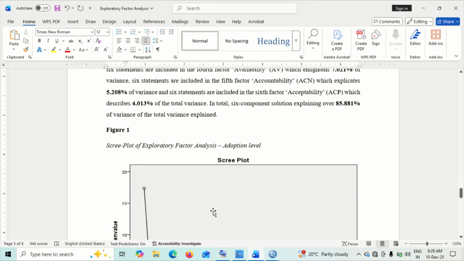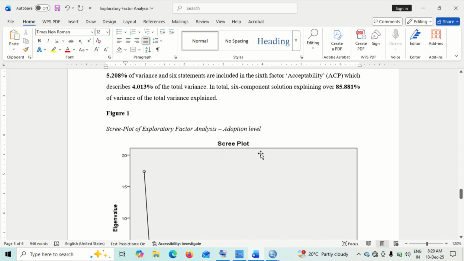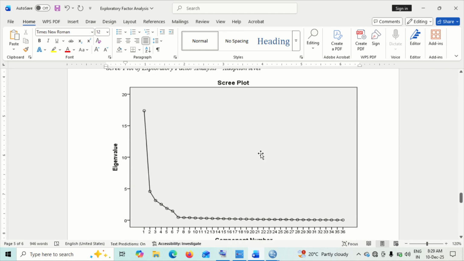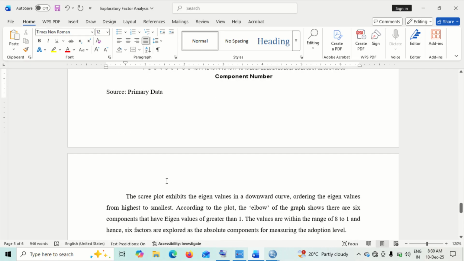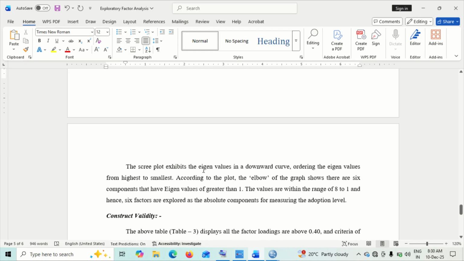This is figure 1, that is the scree plot of exploratory factor analysis of adoption level. Here we can see that the scree plot has 6 components derived, shown in the elbow shape, which have an eigenvalue greater than 1. The scree plot exhibits the eigenvalues in a downward curve, ordering them from highest to lowest.